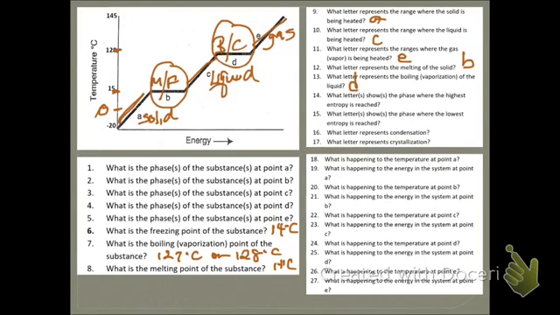What letter shows the phase where the highest entropy is reached? Okay, you should already know what entropy is, but entropy is disorder, right? So if I'm going from a solid to a liquid to a gas, and I'm looking at disorder, which one of those has more disorder to them?